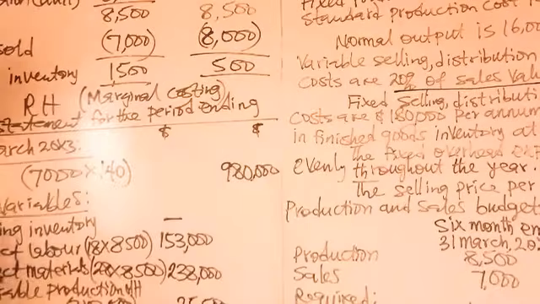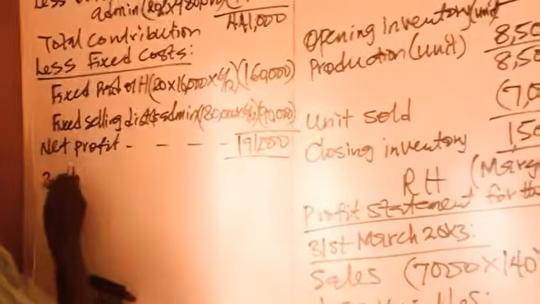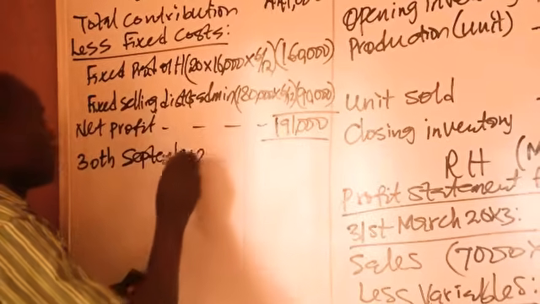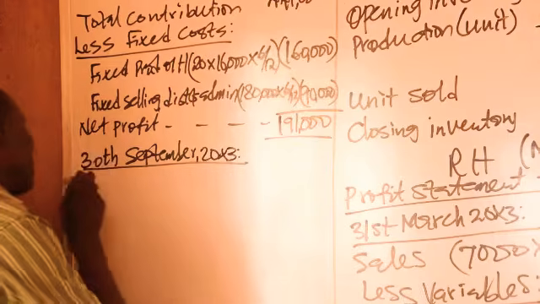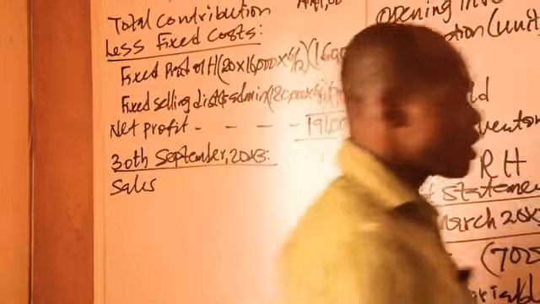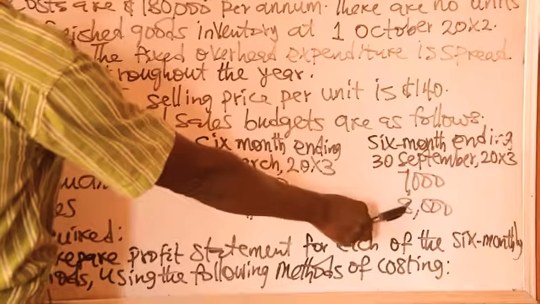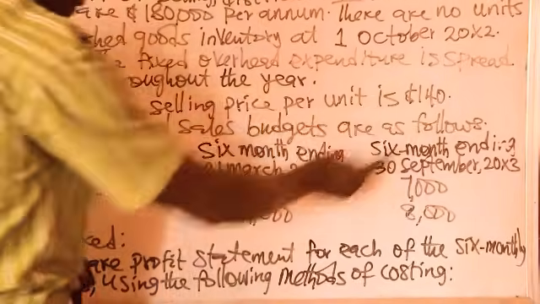6 months ending 30th September 20x3. So you also start with sales. The sales for the 6 months ending 30th September is 8,000 units, and the selling price per unit is 140.